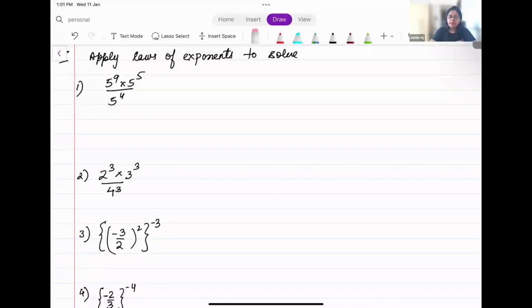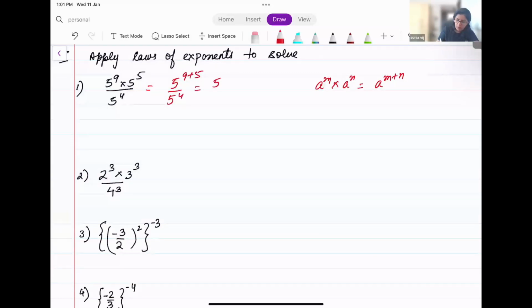Now let's take some questions where you are asked to use the laws of exponents. We can see here in the first question, the bases are the same. That means a to the power m into a to the power n will become a to the power m plus n. Here this will become 5 to the power 9 plus 5 upon 5 to the power 4.